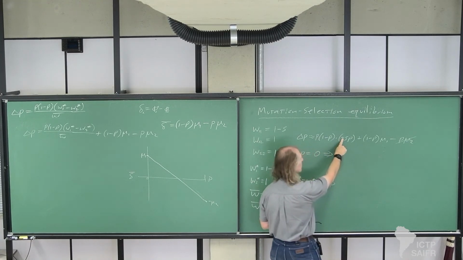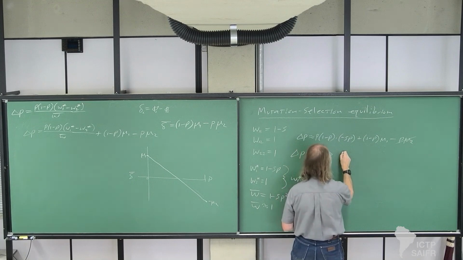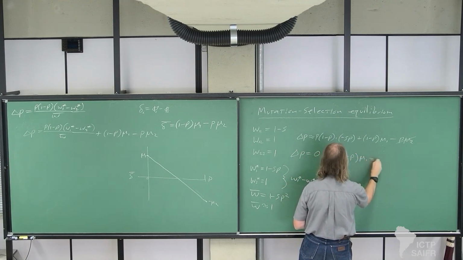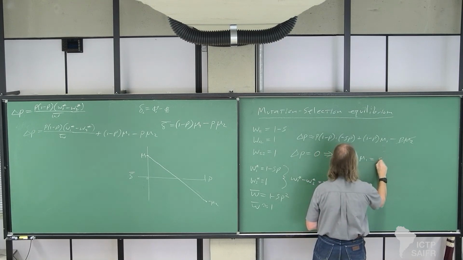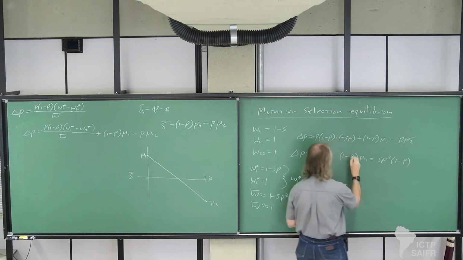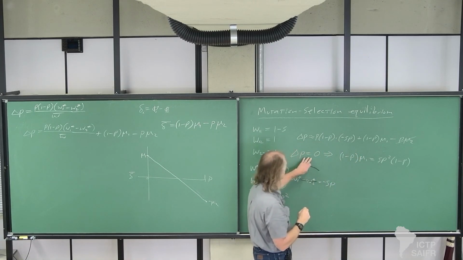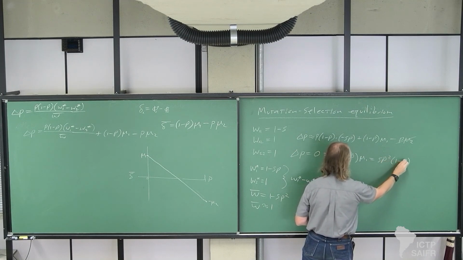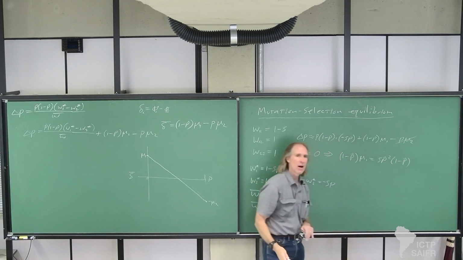Notice this is a minus sign here. This implies 1 minus P mu1 is equal to SP squared times 1 minus P at equilibrium. And because I'm setting it at equilibrium, I'm going to put a hat over these P's to indicate that this is the equilibrium value of P.